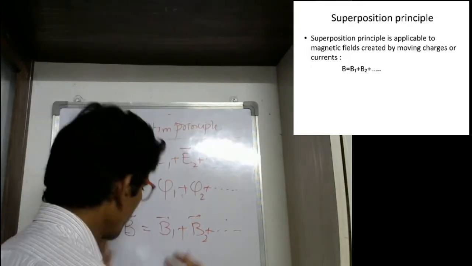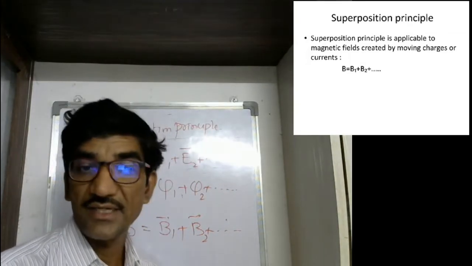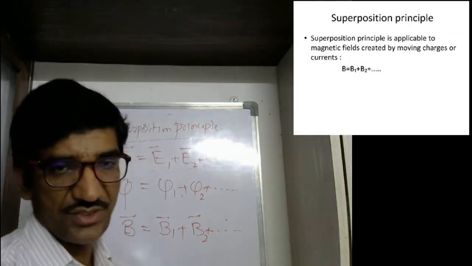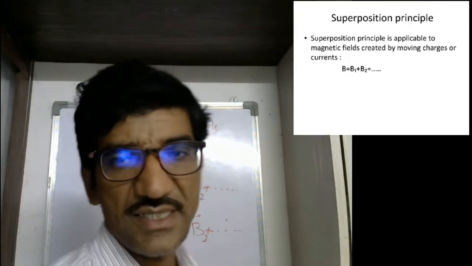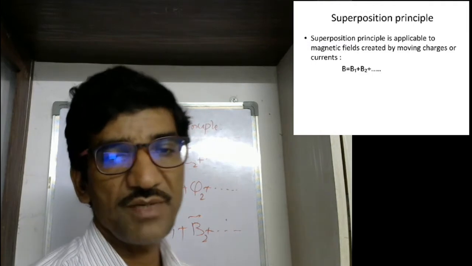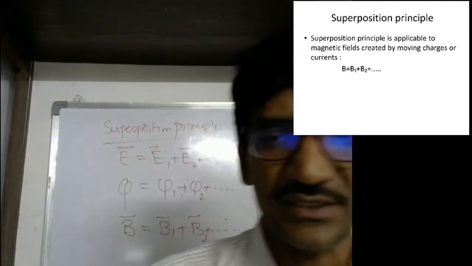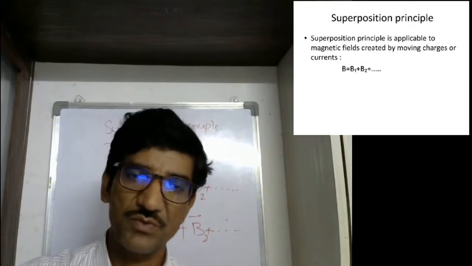If you are having the scalar, that means the magnitude of B, then you simply have to add the individual magnitudes. This is an experimentally verified formula. So the superposition principle is also applicable to the magnetic induction vector. Why are we studying the superposition principle here?